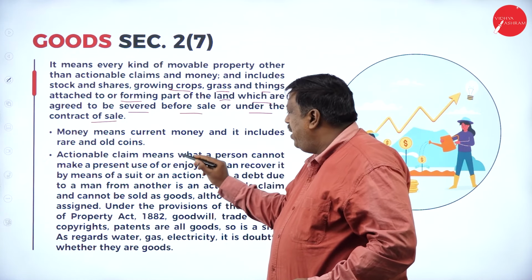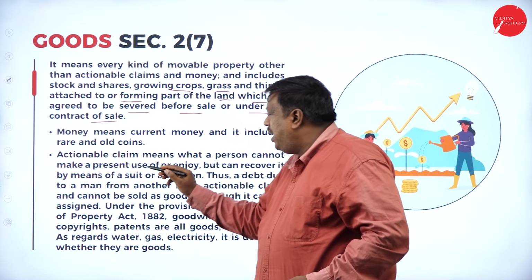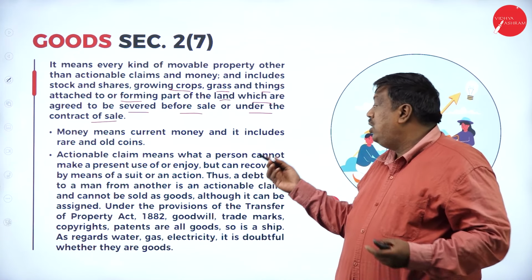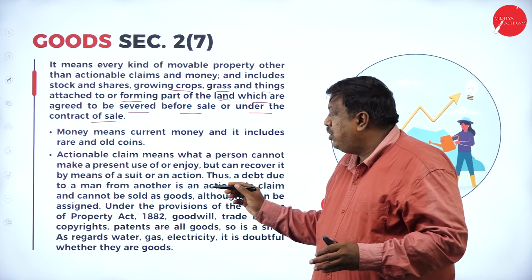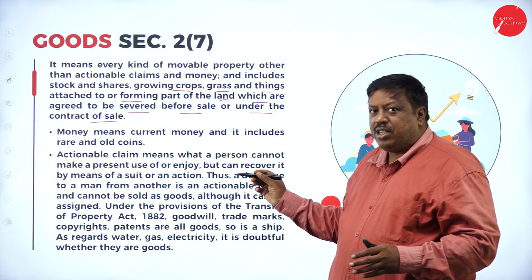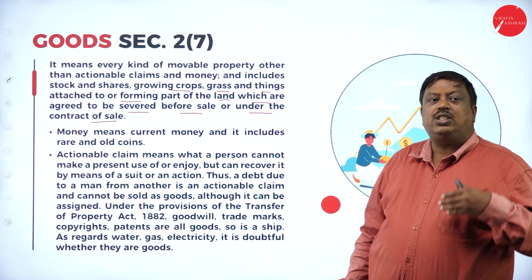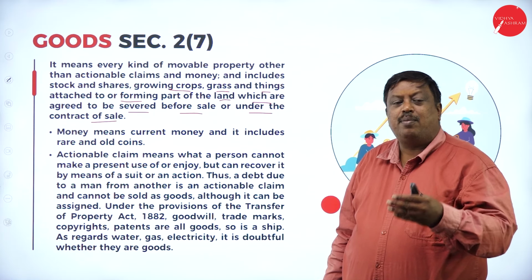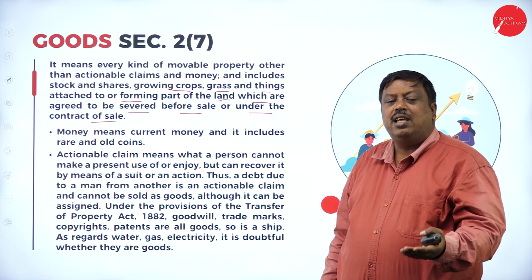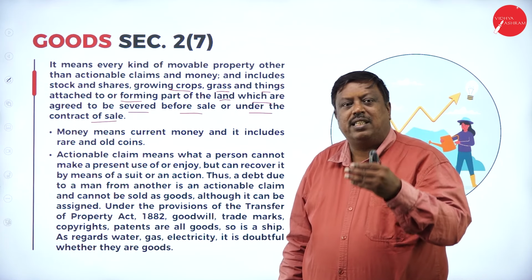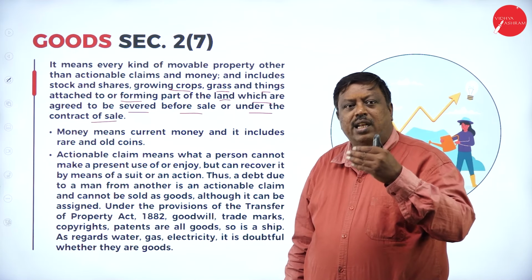Actionable claim means what a person cannot make present use of or enjoy, but can recover by means of a suit or an action. When I have given a debt to a person, and at the time of giving the debt we have taken property, meaning they have pledged the property and taken the loan here.